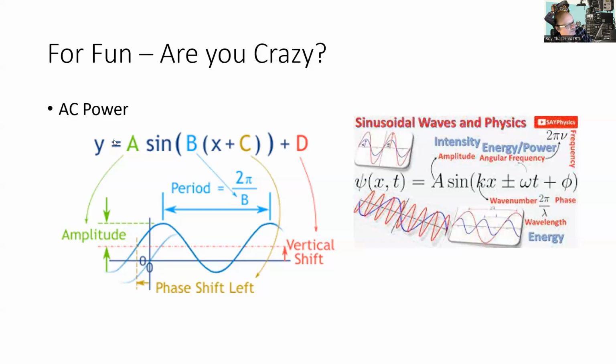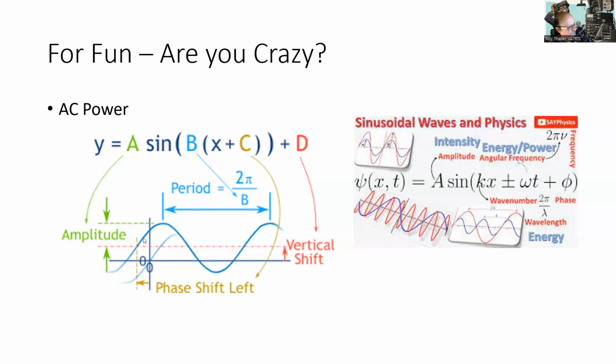This is, for example, a mathematical equation for a sine wave. Amplitude is A. Then you take the sine of B, which is related to the frequency or the period, and this is where 2 pi comes in.